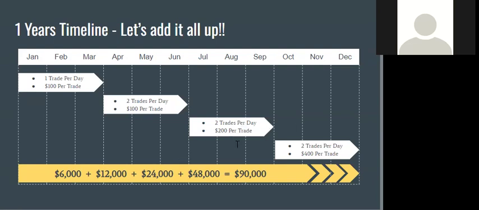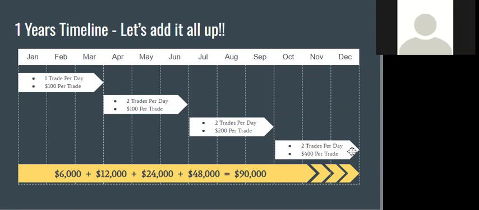The next 3 months, 2 trades per day, but you're going to be doing 200 per trade because you're doubling your lot size. Okay. So the first 3 months, 1 trade a day, second 3 months, 2 trades a day. And then the next 3 months, you're going to double your contract size. And that's how you get the 200 per trade.